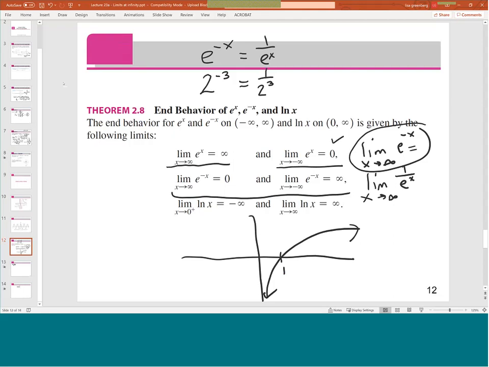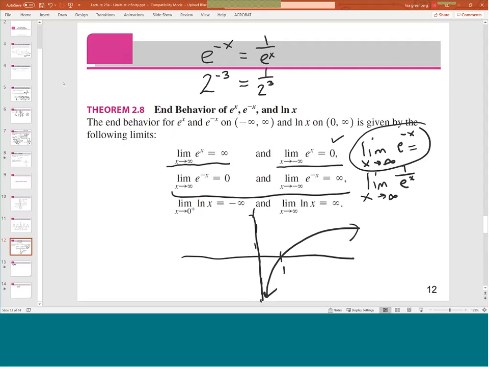Remember, we have this vertical asymptote here. So this goes to negative infinity. And as x gets bigger and bigger, this value just goes to infinity. There's no asymptote there. It just gets bigger and bigger. Does that make sense? Yes.